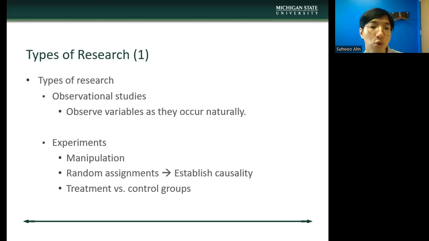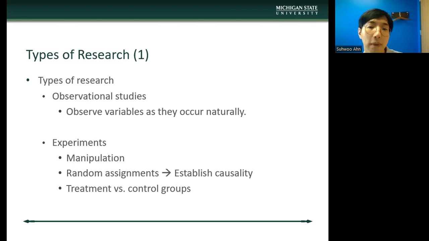However, in contrast with observational studies that look at what is naturally occurring, in experiments, researchers can manipulate the independent variable. And also in experiments, researchers do random assignment, so they randomly assign study participants into several groups.